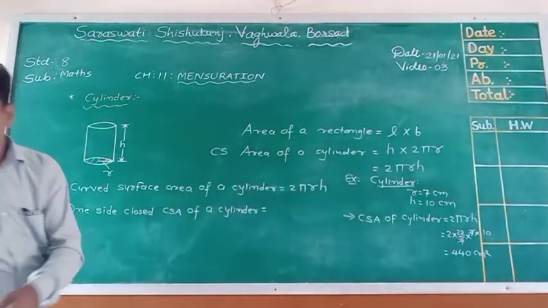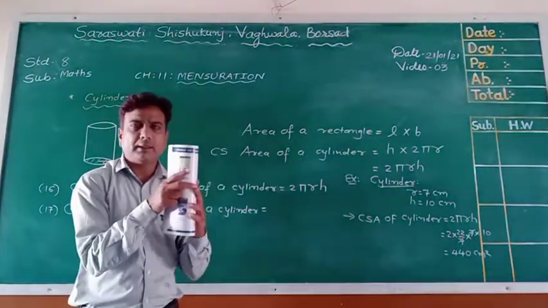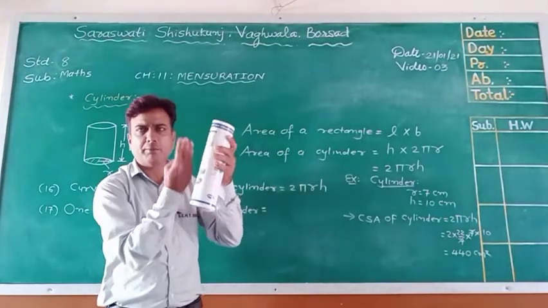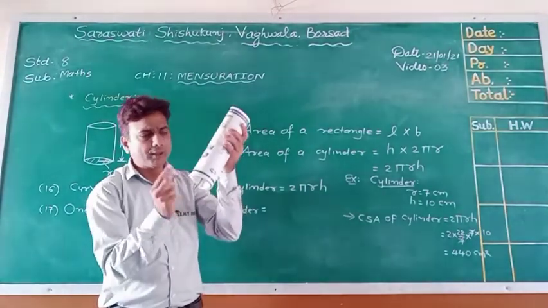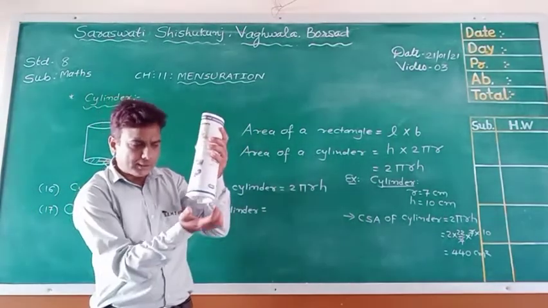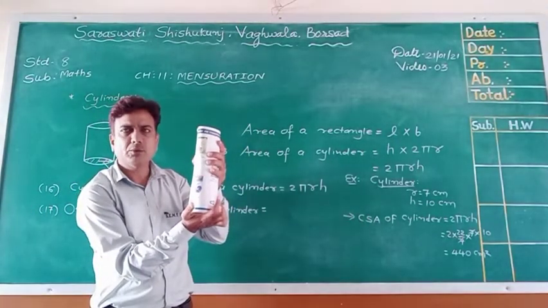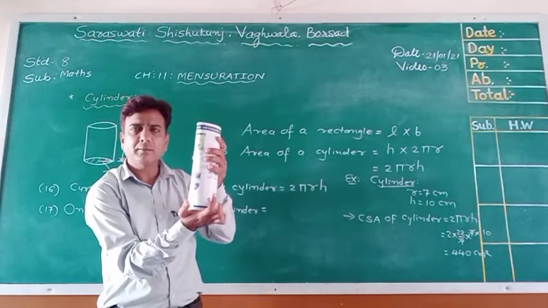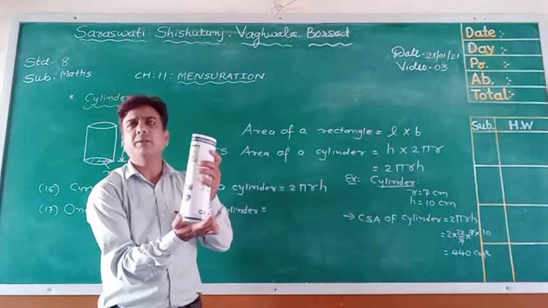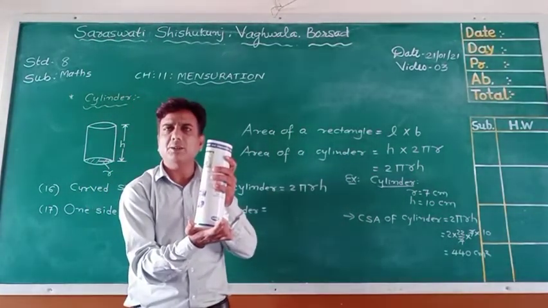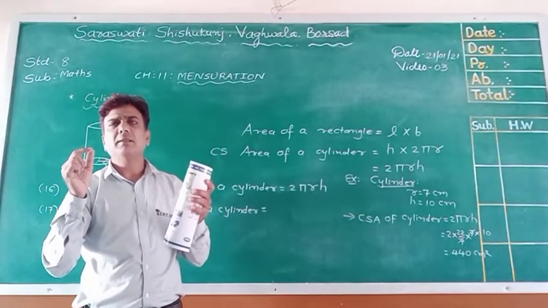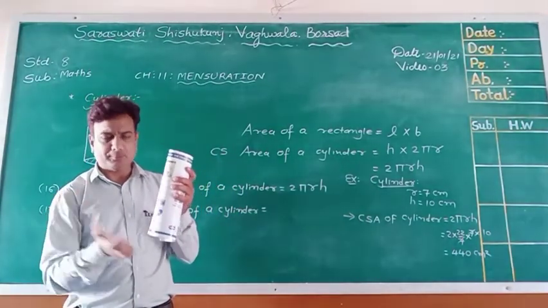See this cylinder, and the curved surface area of the cylinder we know is 2 pi r h. Now the same way, we cut another one and stitch it downside. So what do we add to this cylinder? A circle we add here, and the area of a circle we know is pi r square. So simply we have to add the area of a circle.